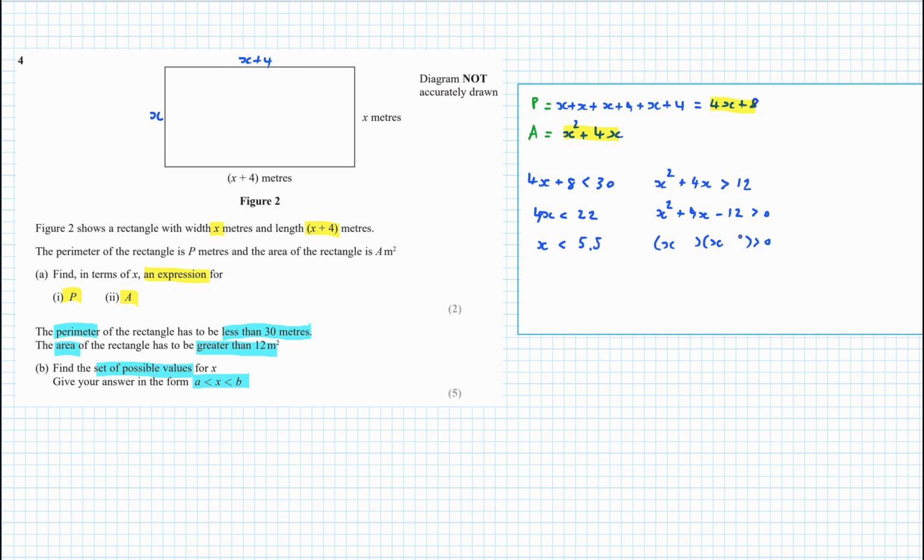Minus 2 plus 6. So x is equal to 2. And x is equal to minus 6. So x is greater than 2. And x is greater than minus 6.